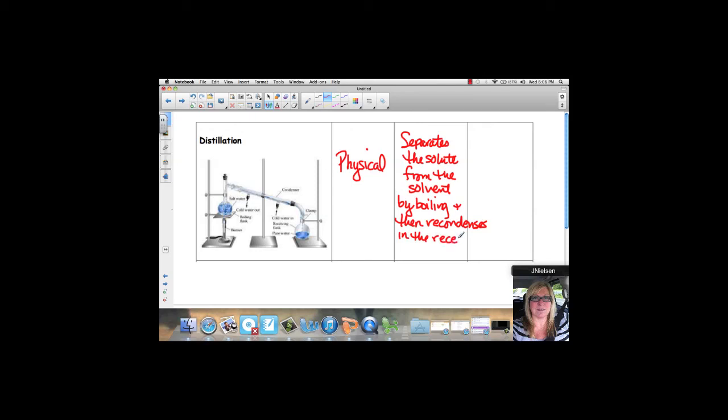And I'll explain this to you. So this is important because it is separation based on boiling point. So this is for homogeneous as well.